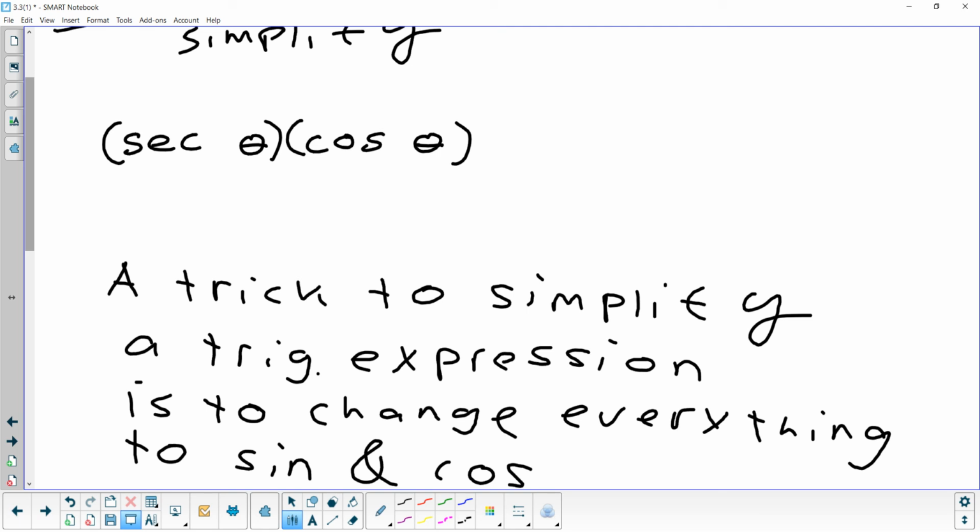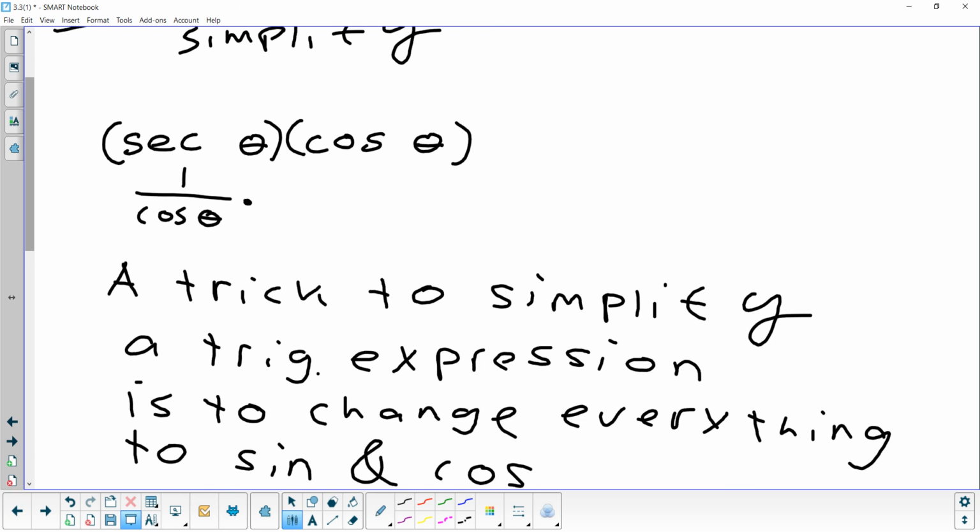So let's start with secant. How can I rewrite secant in terms of sine or cosine? What does secant equal? Yep. You can do 1 over cosine theta. It's 1 over the cosine.